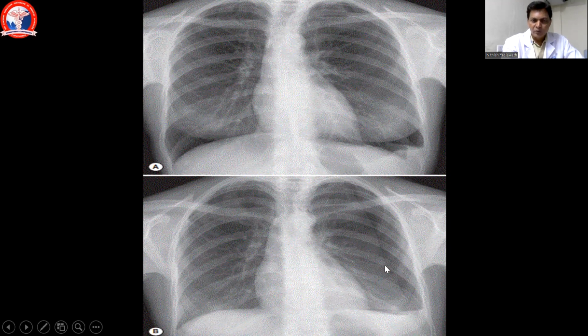The lung volume has gone down on the left, so it is making it more dense relative to this transradiancy, and the image is very clear on deep expiration. As we have noted earlier, effusion is seen in both images. The important point to be noted is that pneumothorax is seen better in the deep expiration film. We'll see the next image.